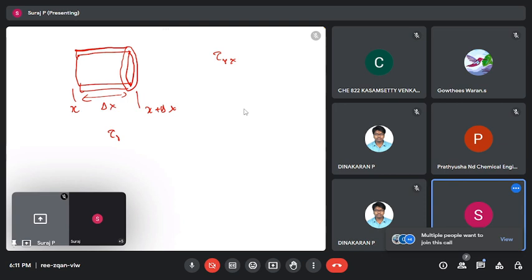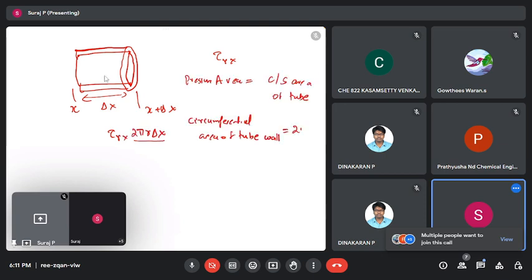Here the area in the case of pressure is the cross sectional area of the tube, but the area in the case of shear stress is the circumferential area of the tube wall, which is 2 pi r into delta x, whereas the cross sectional area of the tube is 2 pi r into delta r.